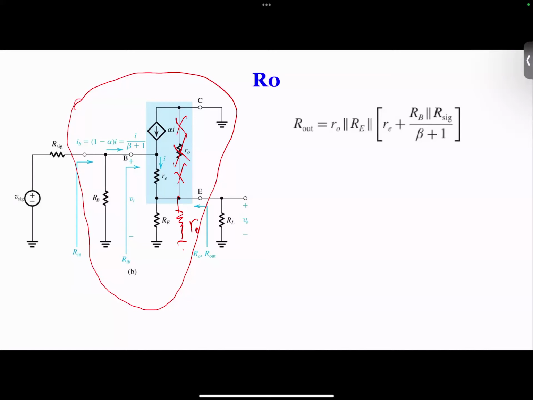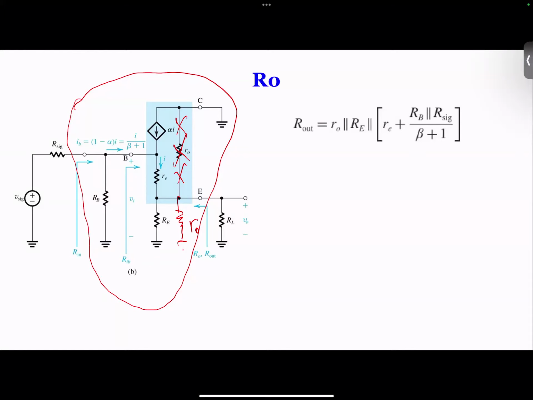Now you have these three in parallel, in series with this one. Then similarly, you can apply a voltage over here and make a short circuit over here. These two become parallel, and you can calculate the nodal analysis using this equation, using this voltage divided by the current going through here. Eventually, this is what you get.